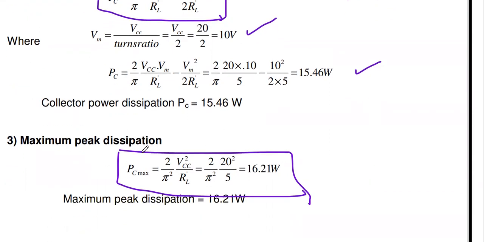So you substitute, 2 into 20 squared divided by pi squared into RL dash, which is 5, so 16.21 watts. So this is the maximum power dissipation. The actual power dissipation in each transistor is 15.46. So how much dissipation can take place at maximum is 16.21 watts.